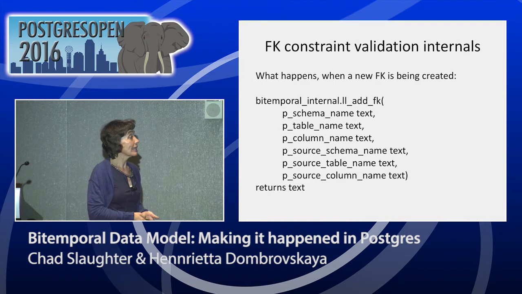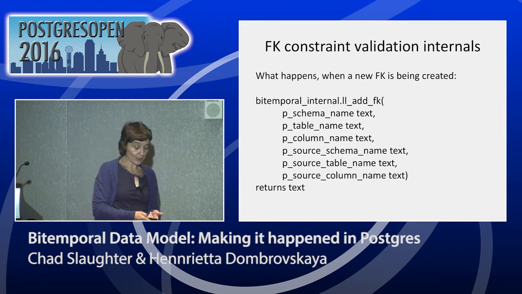So yeah, be with me here. That is the newest addition to our repo, add foreign key. So we are adding a foreign key to this table on this column, referencing this table and this column. And what happens inside?